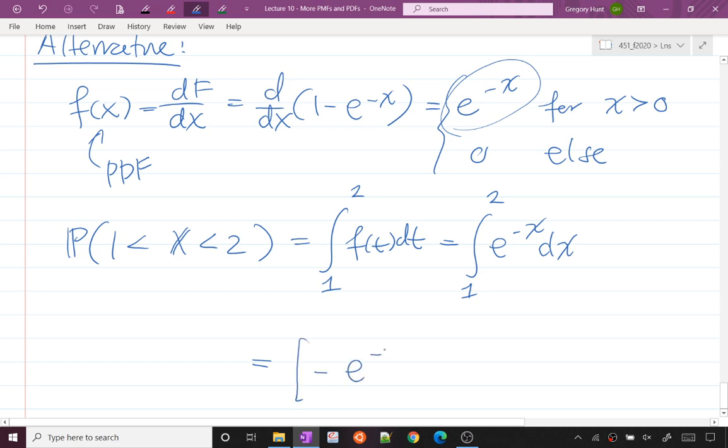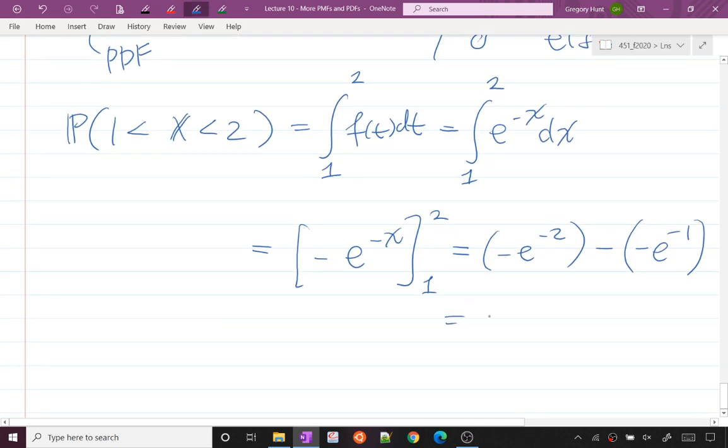This is negative e to the negative x evaluated from 1 to 2. At 2, we get negative e to the negative 2, minus at 1, we get negative e to the negative 1, right?